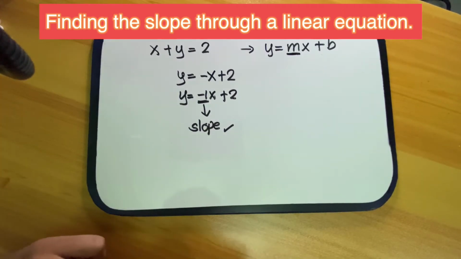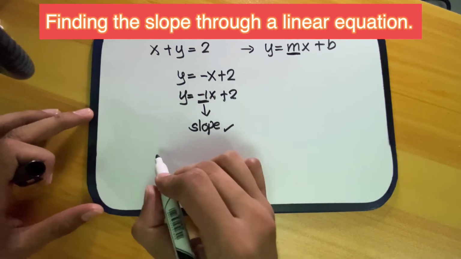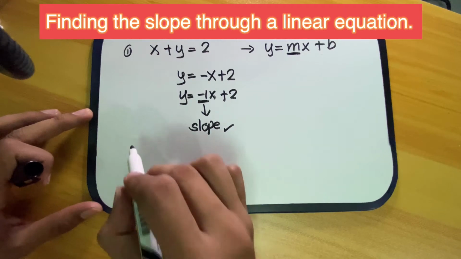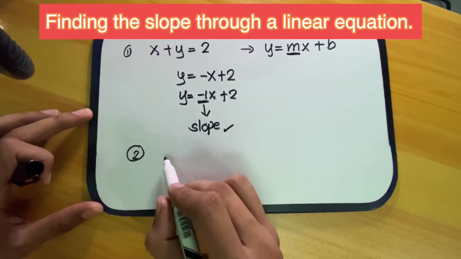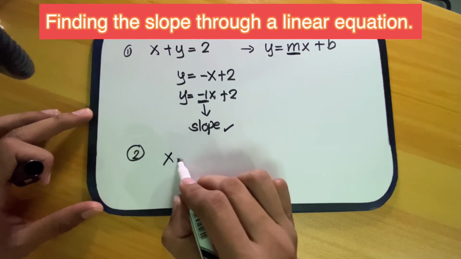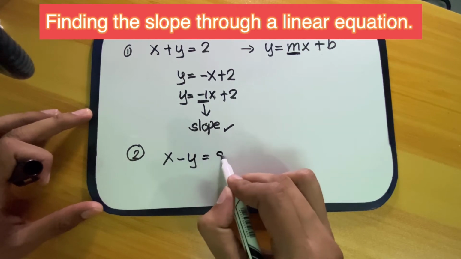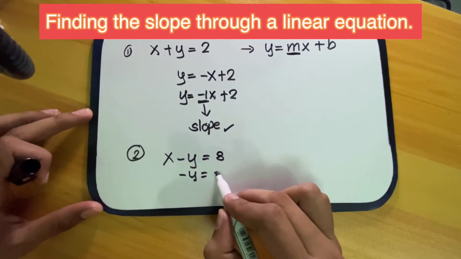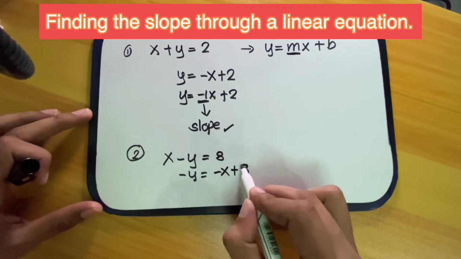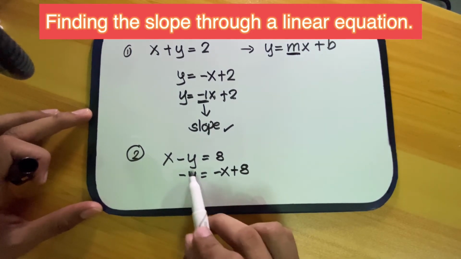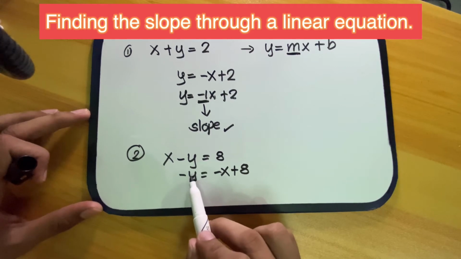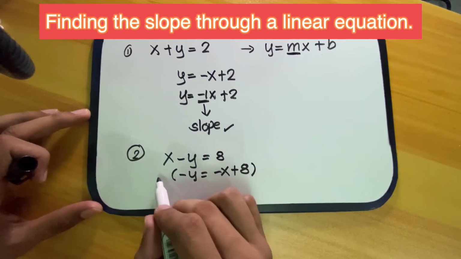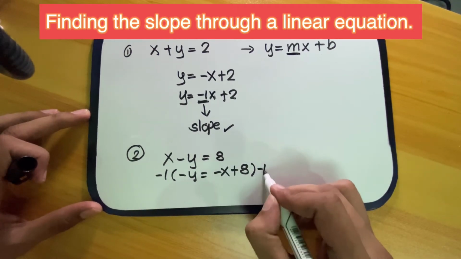Let's try another example. We have x minus y equals 8. So negative y is equal to negative x plus 8. Now we need to make this into a positive y, so multiply both sides by negative 1.